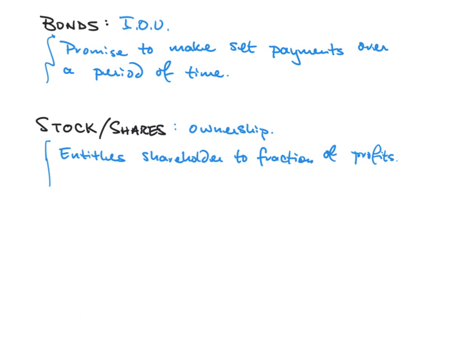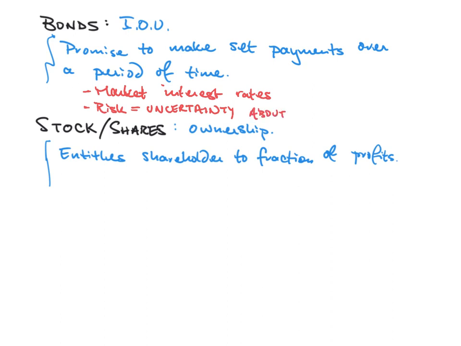So let me talk about where the values of these things, or the prices of bonds and stocks, come from. Prices of bonds are determined by market interest rates and risk. Okay, risk is uncertainty about the future money.